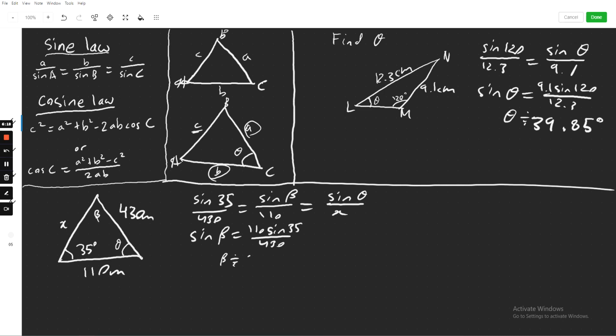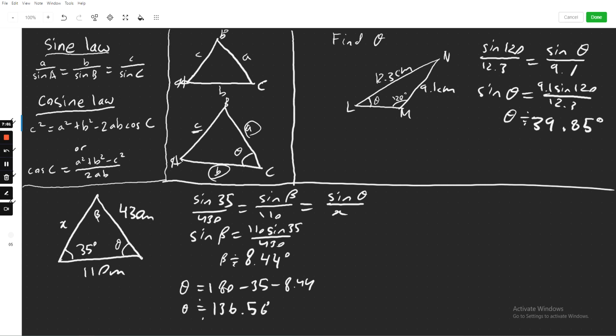Beta will be about 8.44 degrees. So then using 8.44 degrees, we can find theta by doing 180 minus 35 minus 8.44, so that'll be about 136.56 degrees.